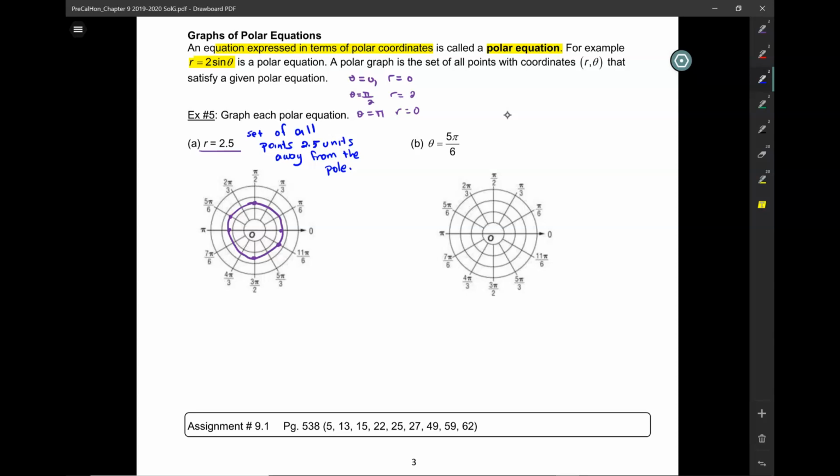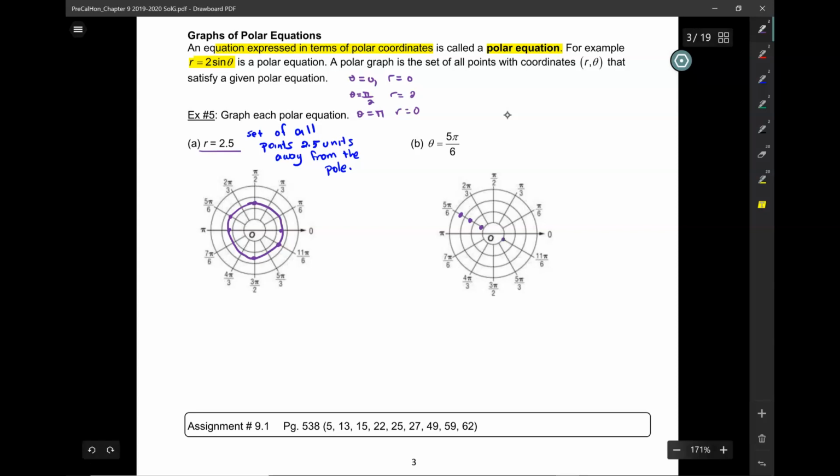All right, what about that one? Now I want the set of all points which are 5 pi over 6 away from the polar axis. Well, one point is there. This one is also 5 pi over 6 units away. This one is also 5 pi over 6 units away. Where else? It's a line, okay?